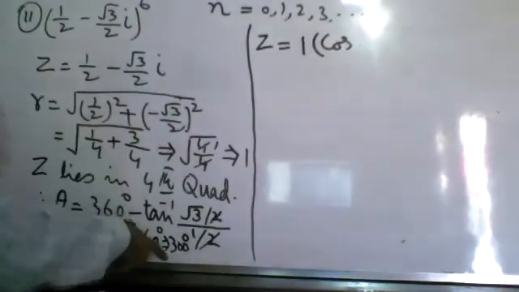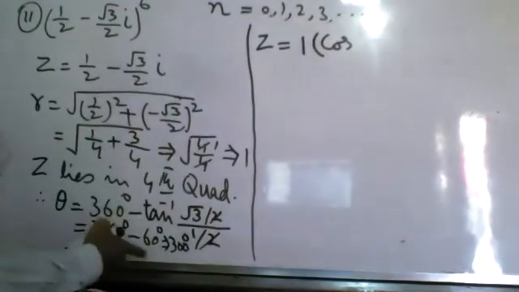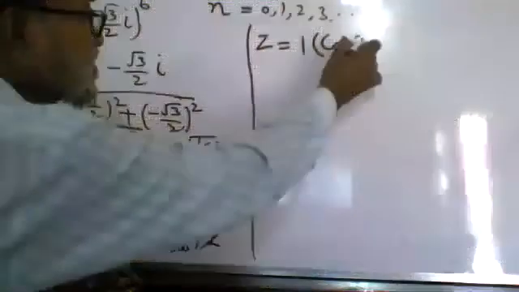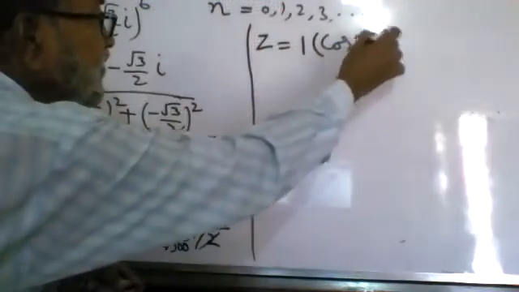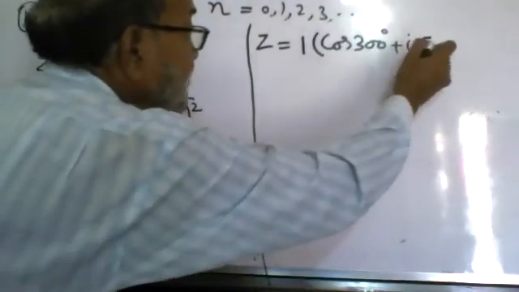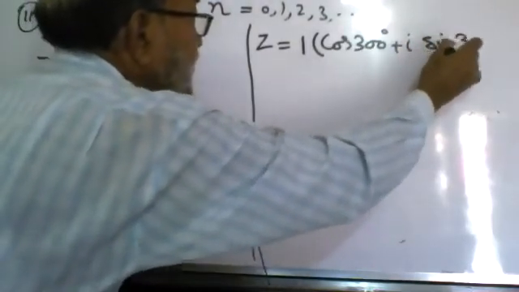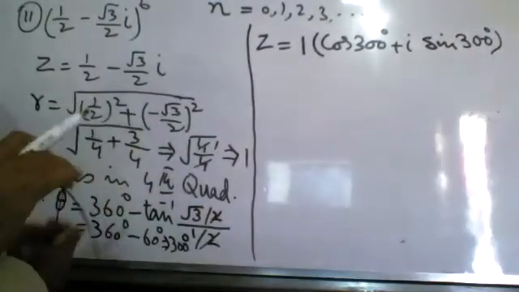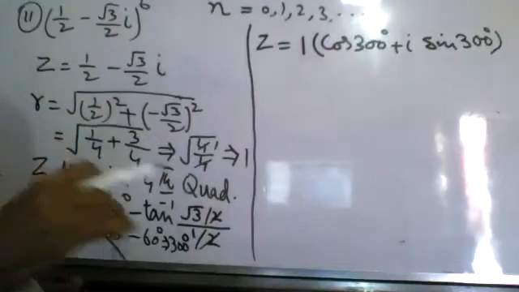Theta is 300 degrees. So cos 300 degrees plus i sin 300 degrees. This is the polar form.